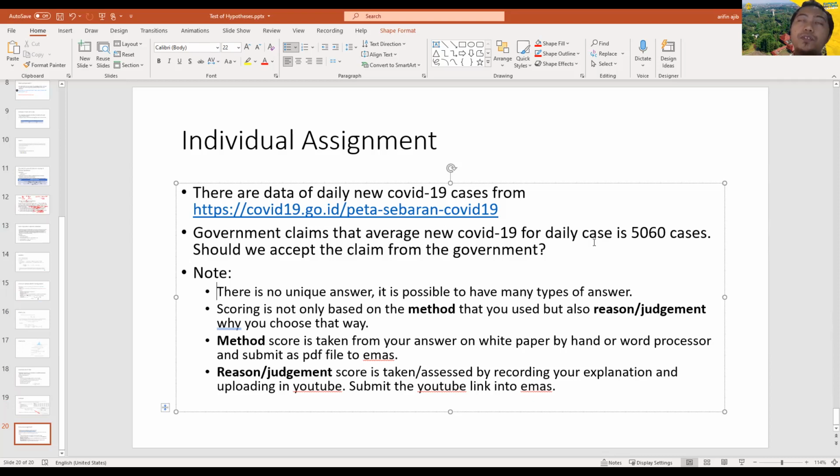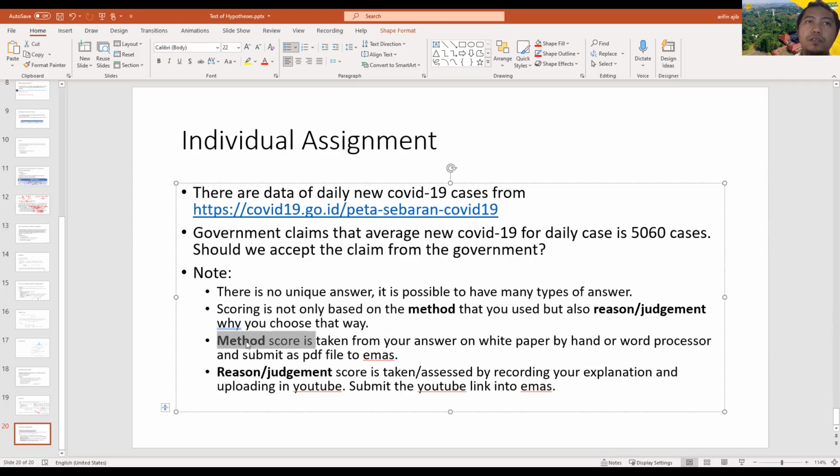It can be diverse, and it is possible for you to have a different answer. Scoring is not only based on the method that you use, but also the reason or judgment why you choose that method. So in this case, there will be two types of score.